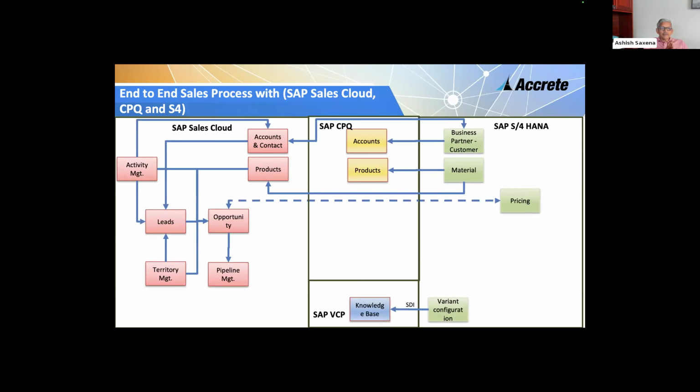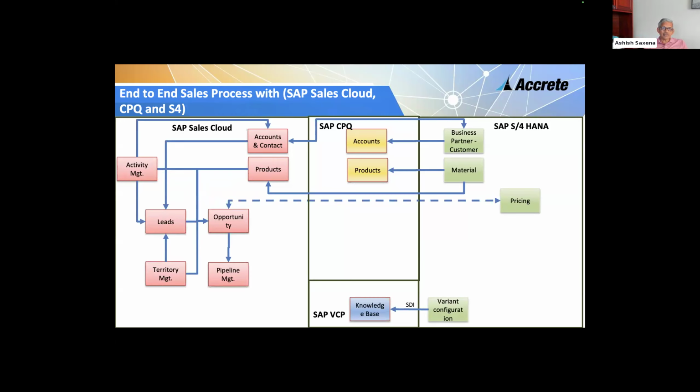Now, the other additional thing which is needed is variant configuration. You can do modeling in the SAP CPQ itself, but then you will end up with 2 variant configuration models, one in SAP CPQ and one in S4, and then how do you sync them together? If you have simple modeling, then yeah, SAP CPQ modeling might be fine.